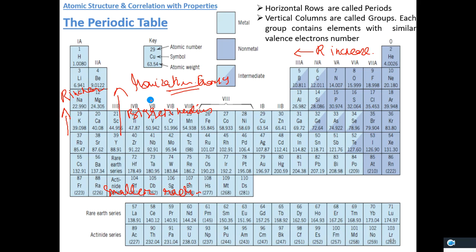So ionization energy also increases from bottom to top. If we talk about electronegativity, it is the tendency of atoms to attract electrons towards itself.